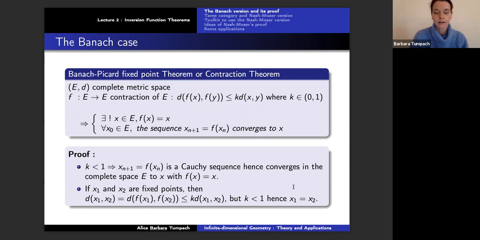It is just the fact that this sequence is a Cauchy sequence, and we are in a complete metric space, so it will converge. And moreover, there is only one fixed point. There is uniqueness because of the condition that the map is a contraction.